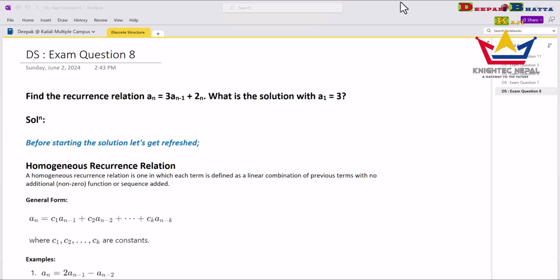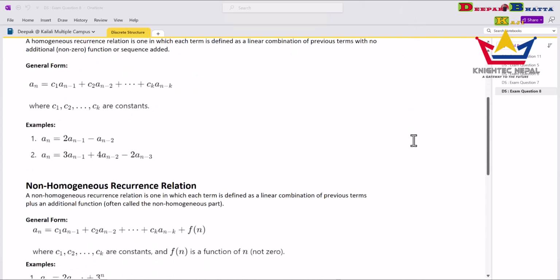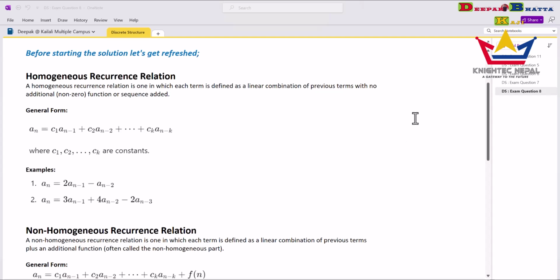So in general form, we can say that an equals c1 an minus 1 plus c2 an minus 2 and so forth up to ck an minus k. So we have the combination of previous terms, but we do not have additional functions. Here c1, c2 and ck are the constants.